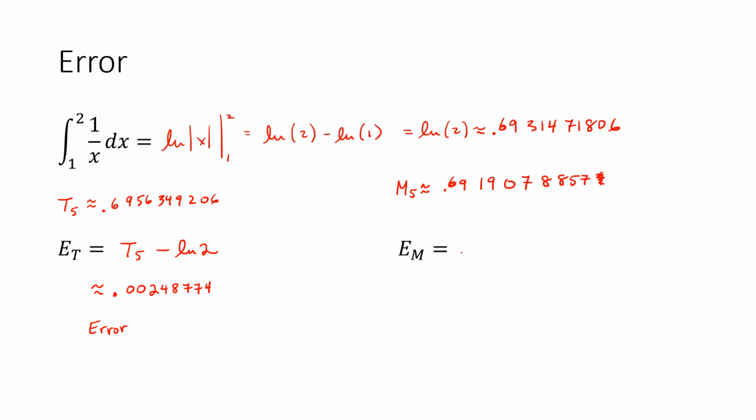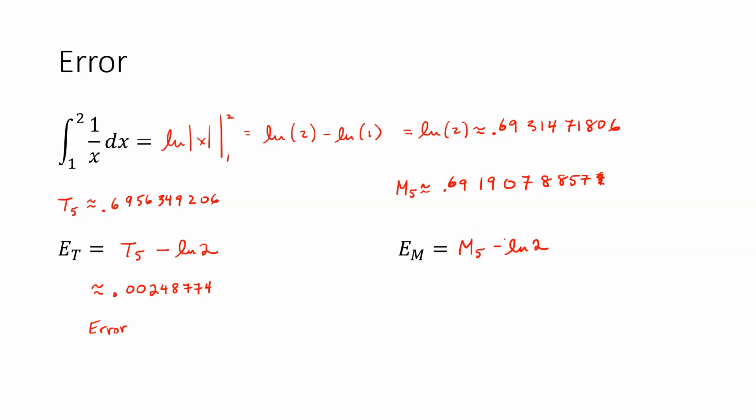Okay, so to get the error in this approximation, I'll subtract what we got for M5 minus the actual value, ln of 2. So if I subtract these two values, what do we get?